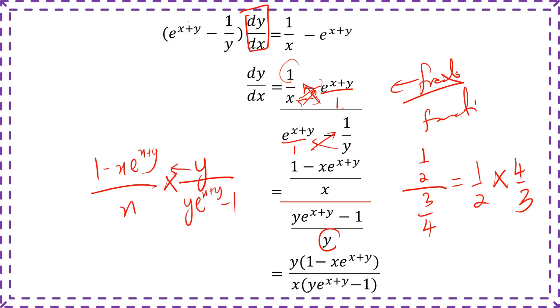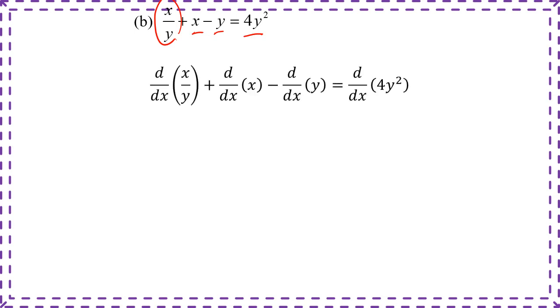So join it together, we can put the bracket. That's why we have y multiplied by 1 minus x e to the power of x plus y, all divided by x multiplied by y e to the power of x plus y minus 1. So this is our final, the simplest form. It's not a fraction inside a fraction. Okay, if you guys got any question more about this, just ask later.